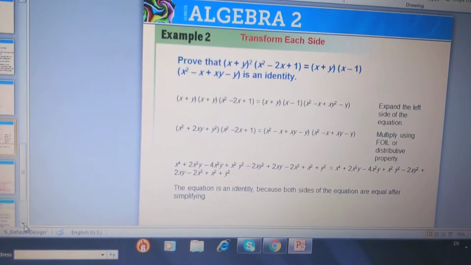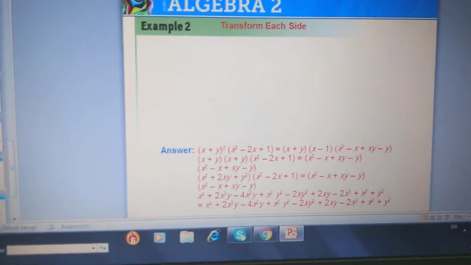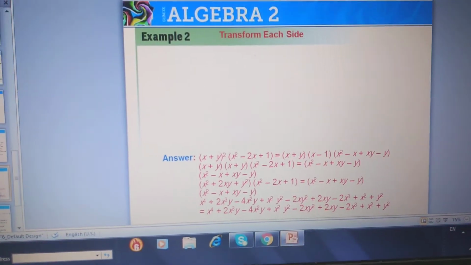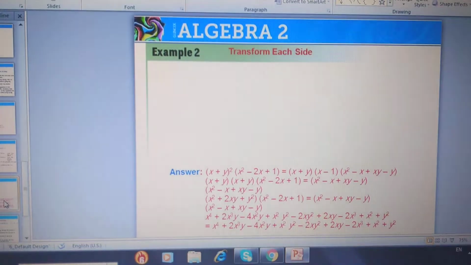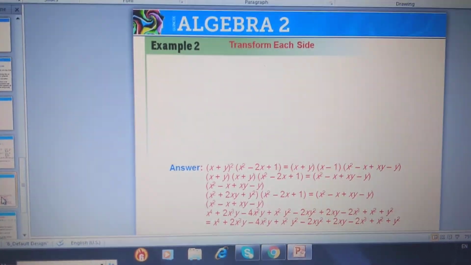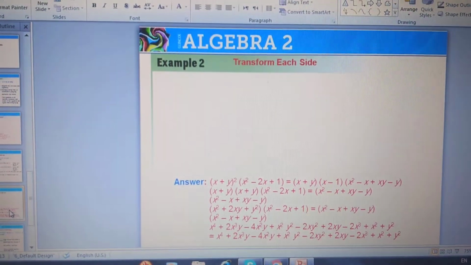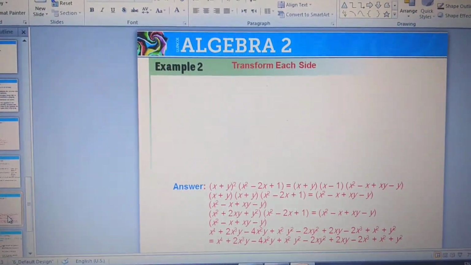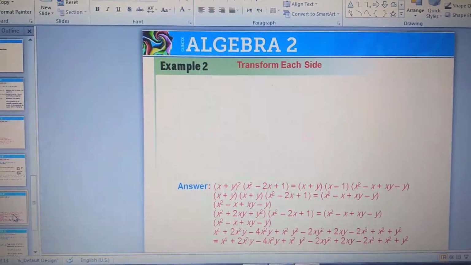After I finish multiplication, I need to simplify. After I simplify, I get the final answer. Look at the final answer, because what I do, boys, is ordinary multiplication only. I multiply the brackets. Here I need to pay attention only when I multiply that I do not forget any term.